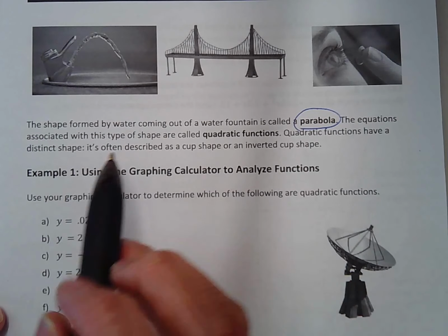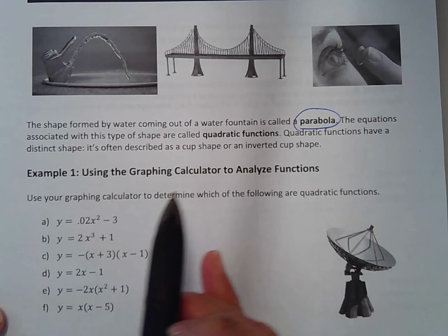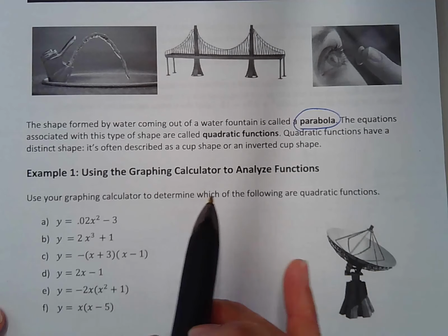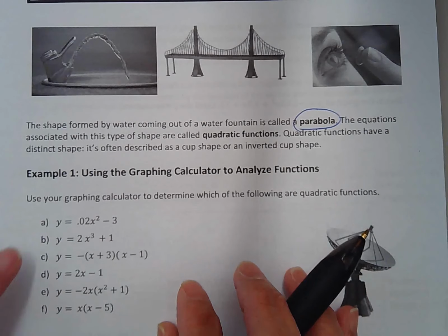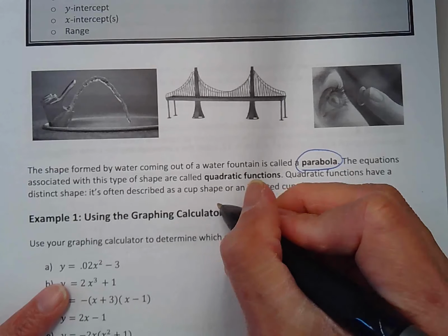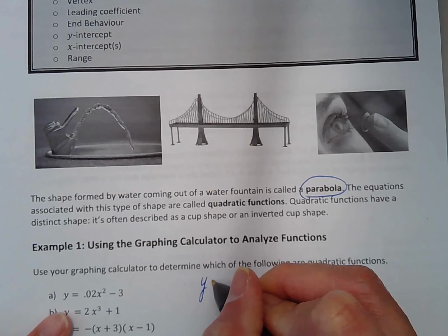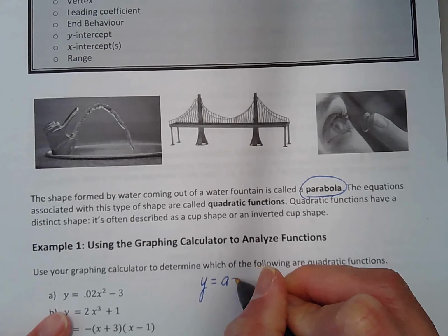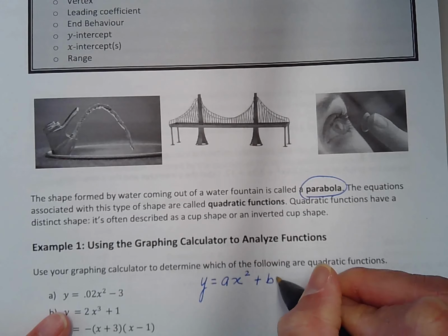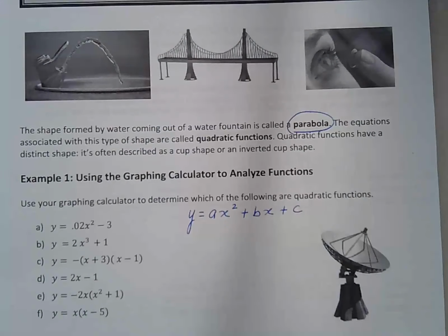So using the graphing calculator, we're going to analyze the following function. Use your graphing calculator to determine which of the following are quadratic functions. Now I'm going to give you the function. The function has to be y equals ax squared plus bx plus c.